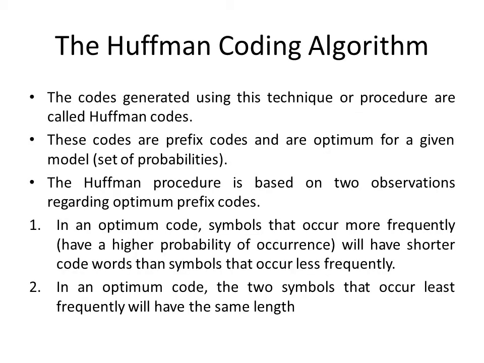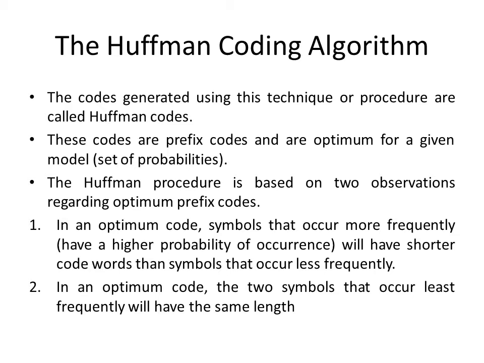So what exactly is Huffman code? Huffman code is a source code. It is also called a prefix code because it generates an optimum code for the given set of symbols. Why optimum? Because it provides the smallest average code word length.